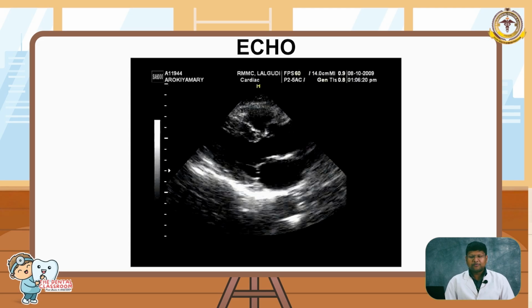And what is this picture? This is an echocardiogram. Yes, very good. The echocardiogram is another investigation regarding the heart, where the functionality of your heart is investigated, right?